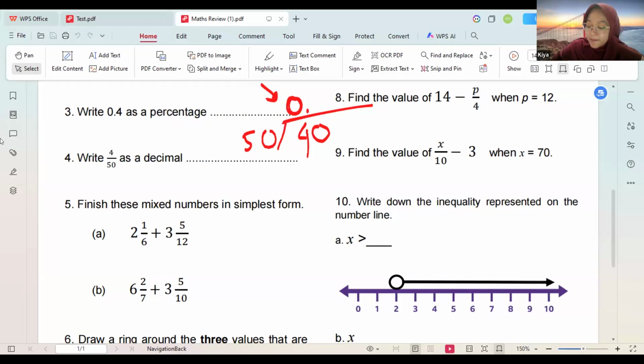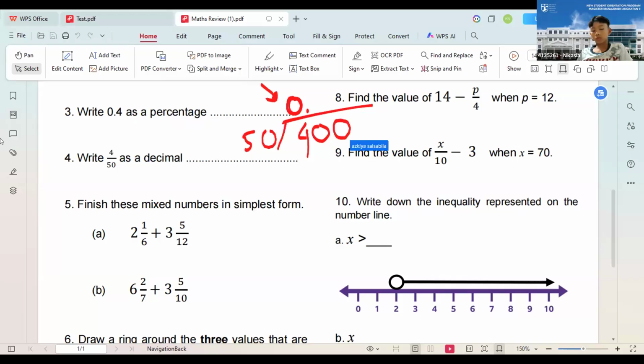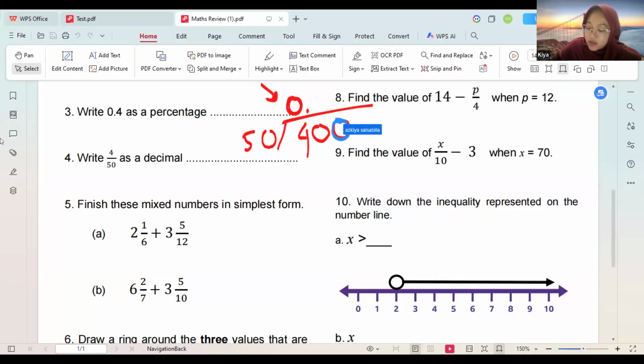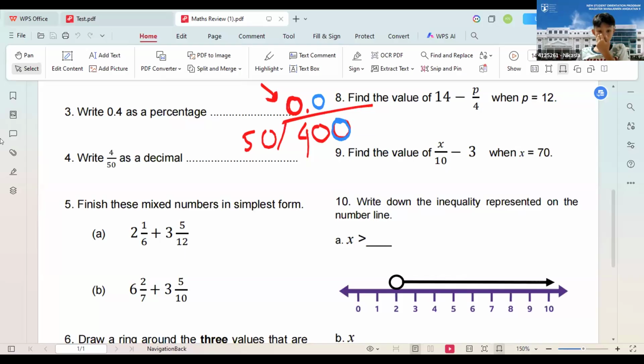Is that right? Yes. So if you add 0 here, you need to add 0 again in the answer. Get it? So don't forget, if you add zero in the bracket, you need to add zero on the top.